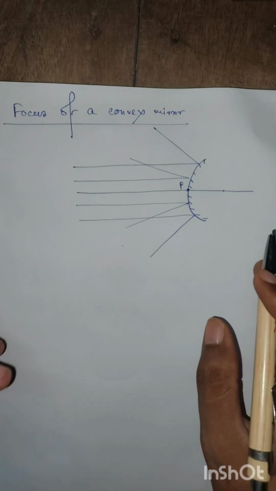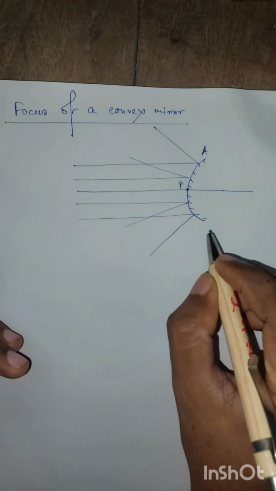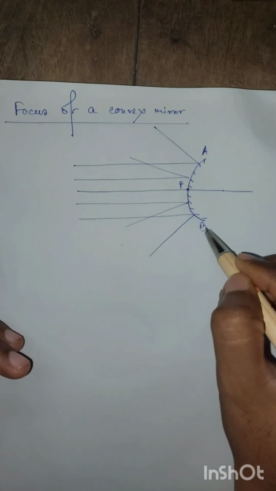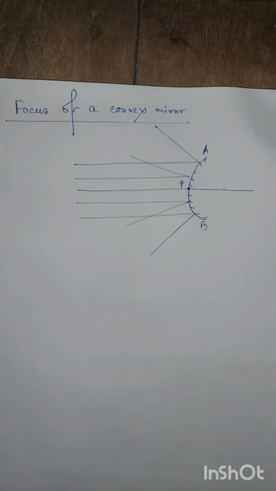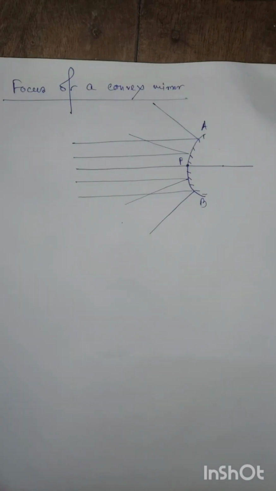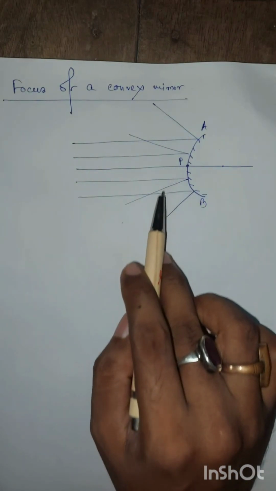So this is our convex mirror APB. So similarly we can assume parallel rays, light rays which are parallel to the principal axis are coming towards the mirror and they strike the mirror, and after getting reflected they go in different directions.